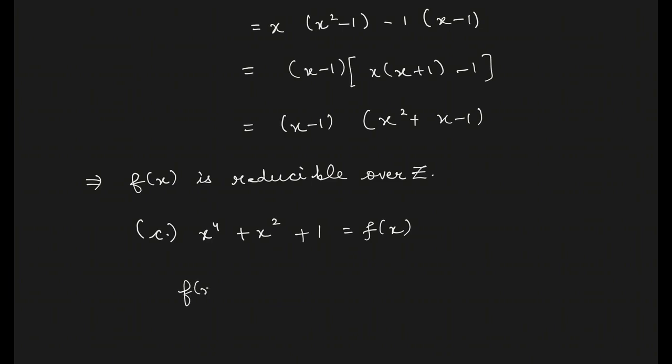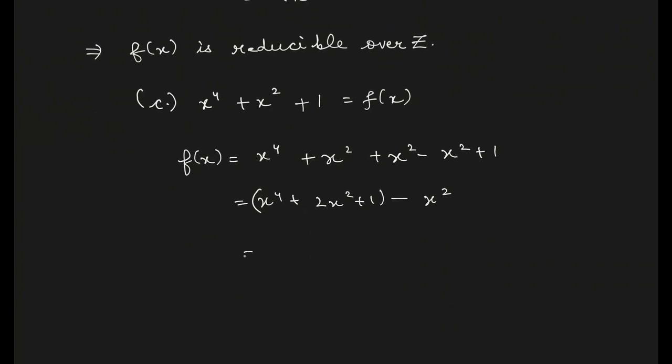I've written it like this: x to the power 4 plus 1 plus 2x square minus x square. So x to the power 4 plus 2x square plus 1 minus x square.